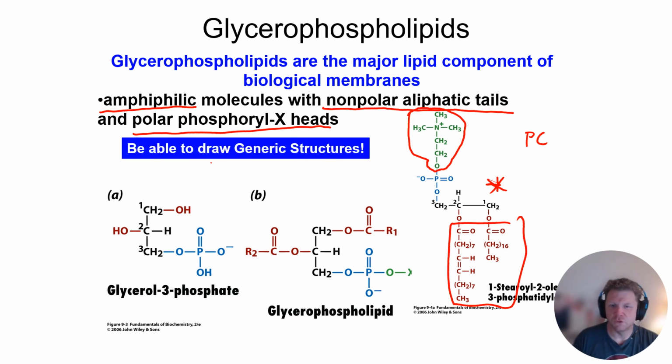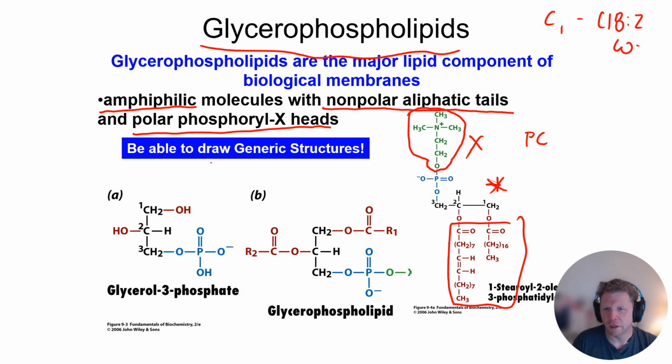I want you to be able to draw them, and I want you to be able to draw a molecule. If I provide you with what the head group, this X right here, is, I want you to be able to draw that. Now, the questions that you should anticipate would be something like this. Draw a glycerophospholipid with C1 that has a C18:2 omega minus 3.